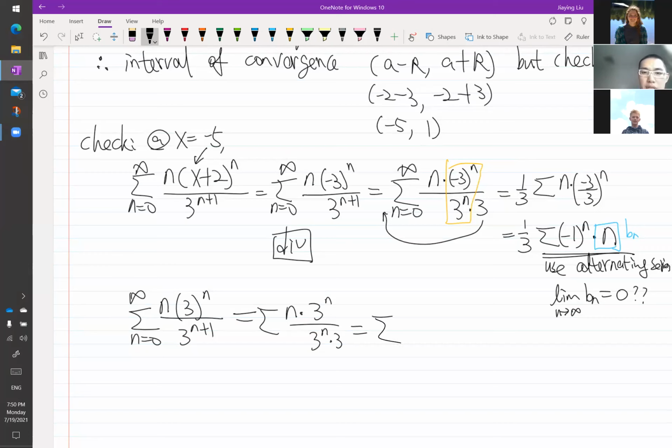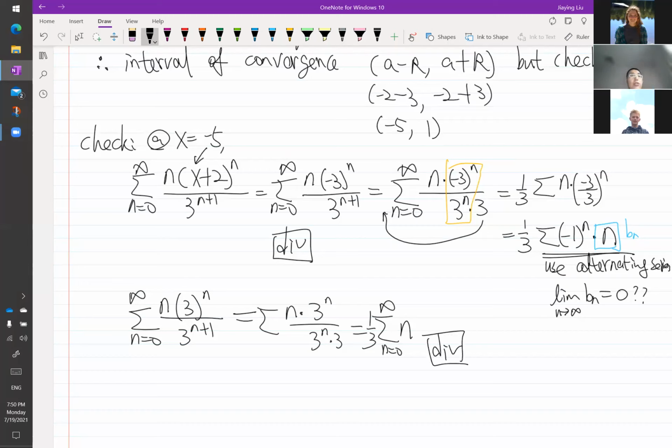So that's just sigma n over 3, or 1/3 sigma n. This is just adding the integers, right? From 0 to 1, add 0, 1 to 3, all the way to infinity. And that's going to be divergent as well.